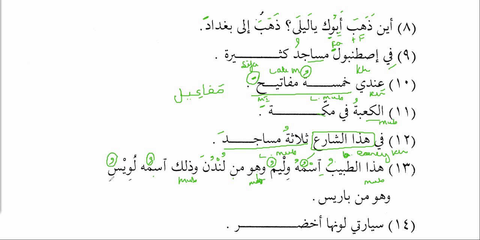And since it's a foreign name, it cannot take a tanween. Wahuwa min Barisa. Apply the formula of jumla ismiya. It cannot take a kasra since it's ghair munsarif, the name of the city.